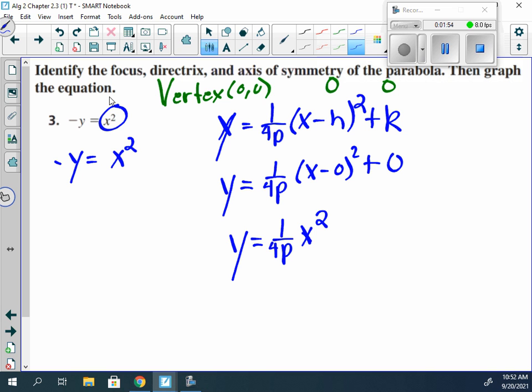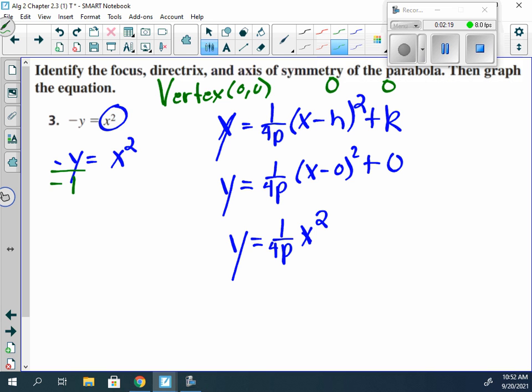Is the equation they gave us in the form y equals 1 over 4p times x squared? What do y'all think? Well, no. What's different? It's a negative y. We need the y to be positive.